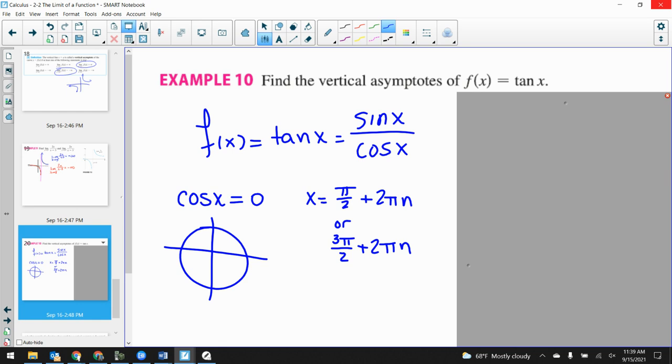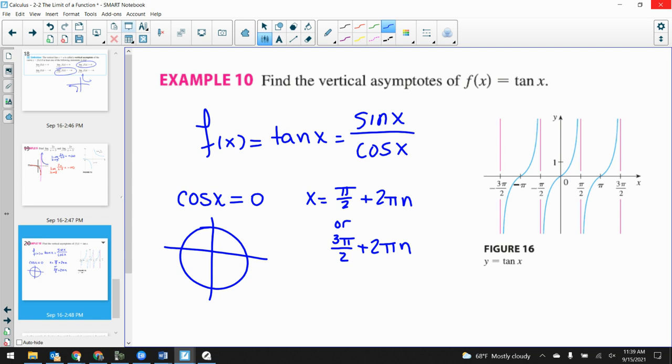Take a look at what it looks like graphically. Why are these things happening? Why are there asymptotes there? Well, because at each value, on the left side, it's going to grow. On the right side, it's going to decrease. So the left side limit at pi over 2 is infinity, where the right side limit at pi over 2 would be negative infinity.